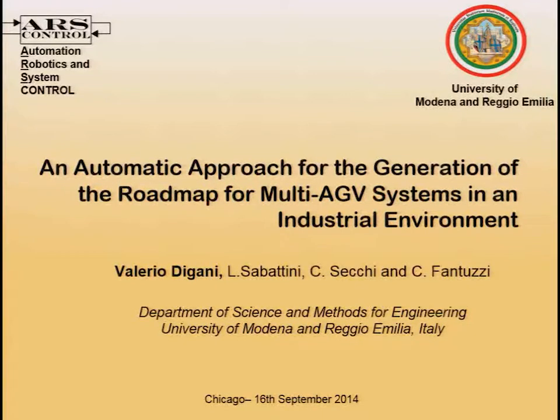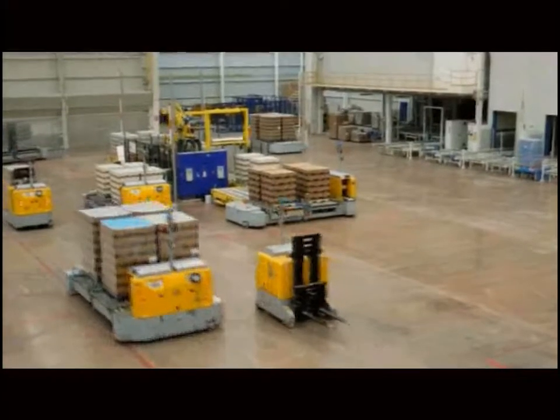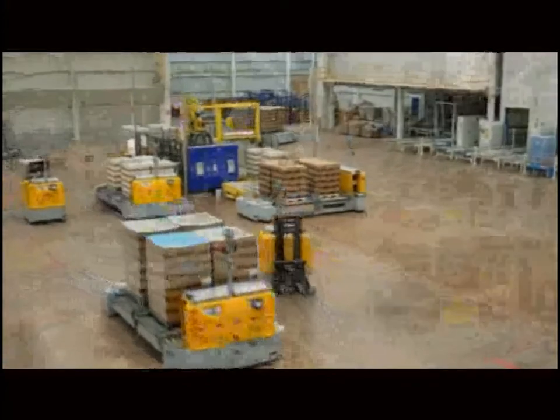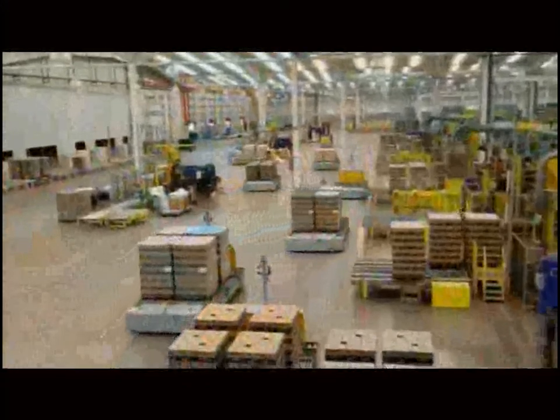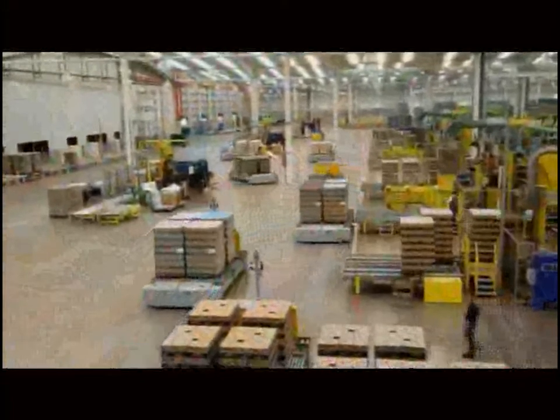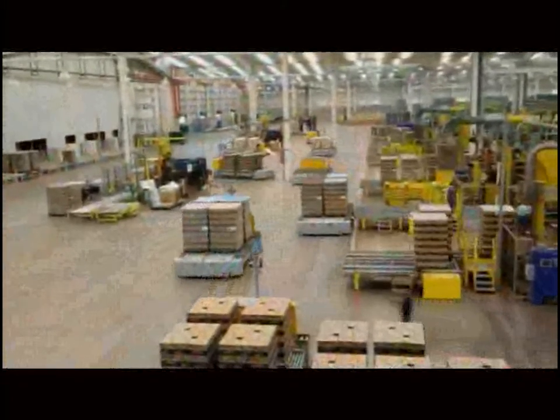Good morning, everybody. I'm Valerio Digani from the University of Modena and Reggio Emilia, and my work is an automatic approach for the generation of a roadmap for a multi-AGV system. The typical scenario of my work is an industrial warehouse where there are a lot of AGVs, and usually these kinds of robots are constrained to move on a roadmap.